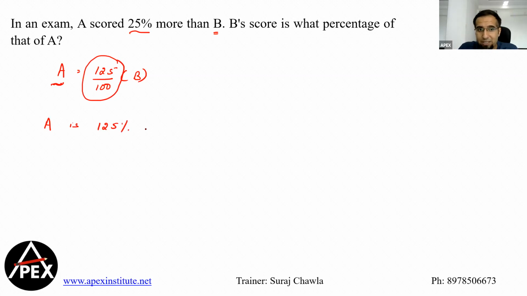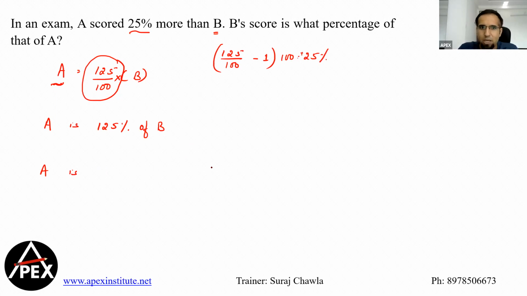There's a multiplication sign here, 125% of B. First things first. Second, 125 by 100 is the multiplying factor. From the multiplying factor, subtract 1, multiply by 100. That gives you plus 25%. So I can say that A is 25% more than B. Clear, guys?